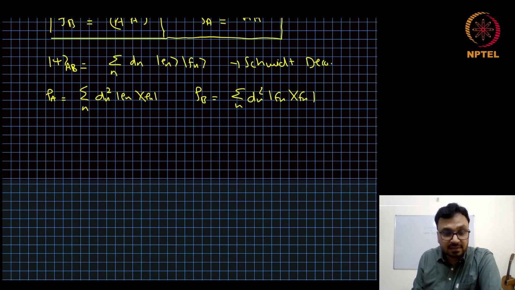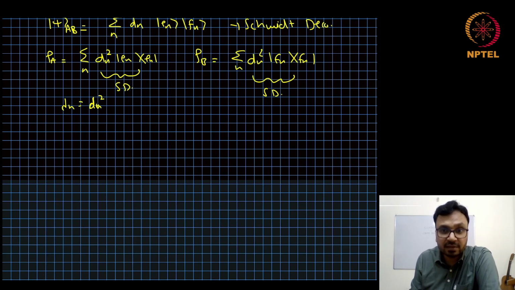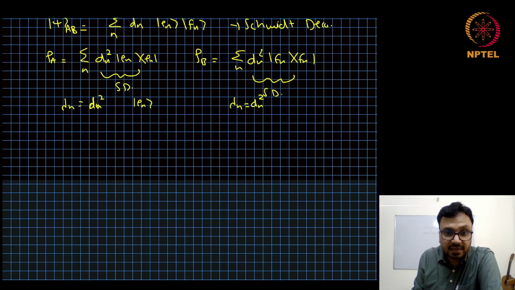Since the en are an orthonormal basis, this is a spectral decomposition, and this is also a spectral decomposition. From the spectral decomposition we can find the eigenvalues dn square. Let us call lambda n equals dn square, and the eigenvectors en and fn. And from here we can write the Schmidt decomposition of the two-qubit system as the sum over square root of lambda n en fn.